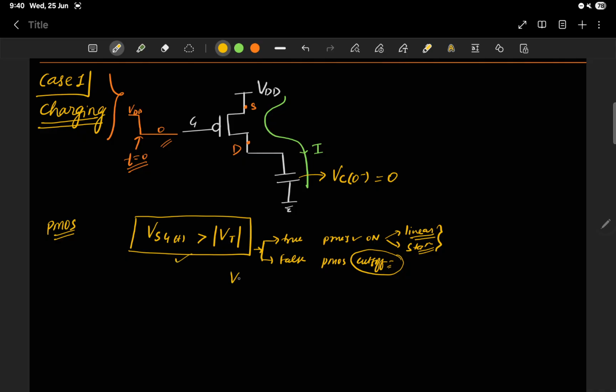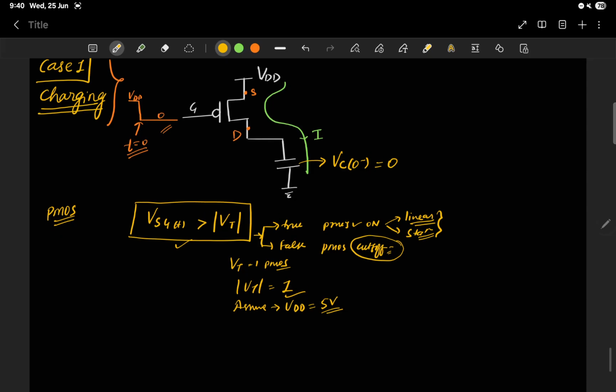You know Vt will be 1 for PMOS, so mod of Vt will be 1. And let's assume my VDD is, let's say, 5 volt. It will be easy for us to calculate if we assume some values.